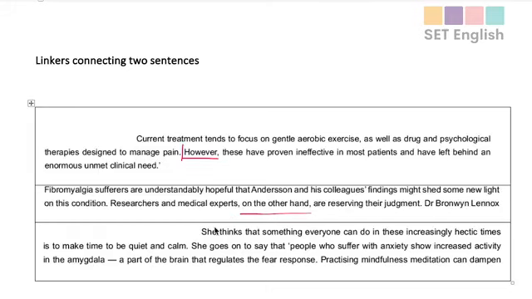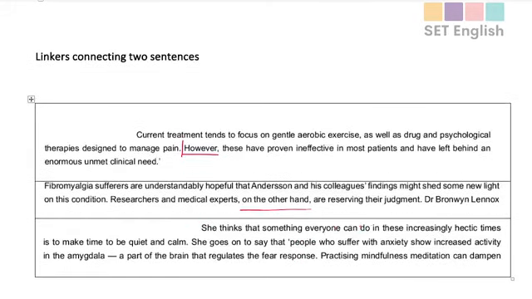Let's look at the last one. She thinks that something everyone can do in these increasingly hectic times is to make time to be quiet and calm. She goes on to say, that's an interesting one, isn't it? She goes on to say, well, that means she's saying more of this. It's more of what she's saying. So we are connecting the next sentence with the sentence that came before it. And that's what it's all about.